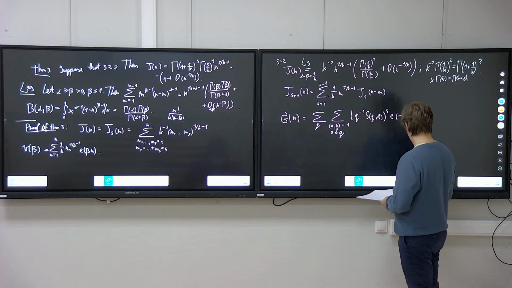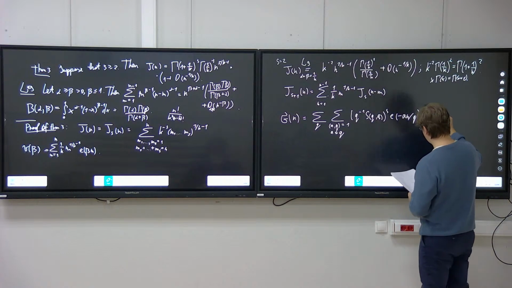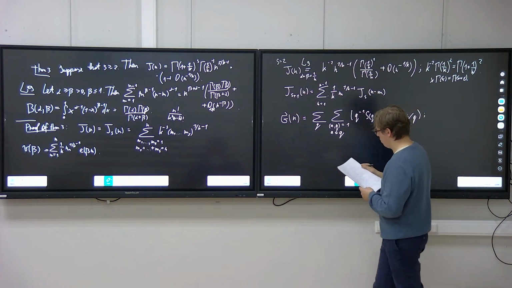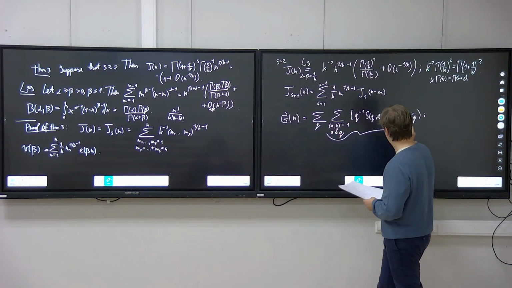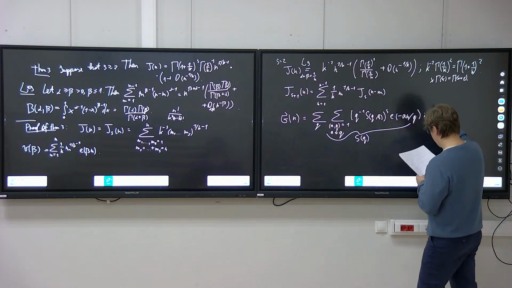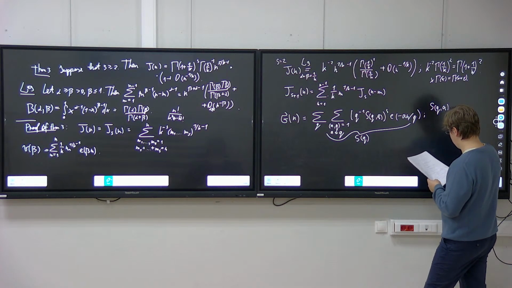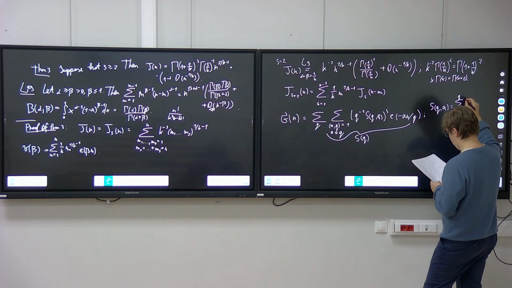So this is our sum. This is S of Q. And S of Q is like that. I write it again. It's an analog of a Gauss sum.